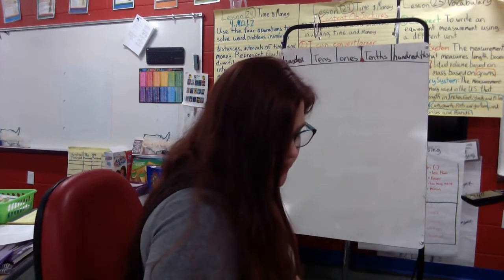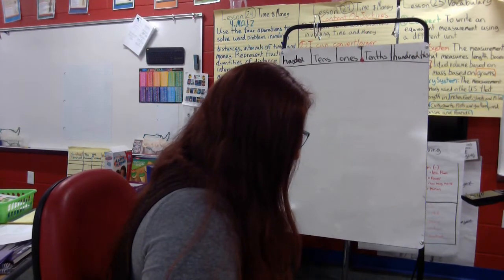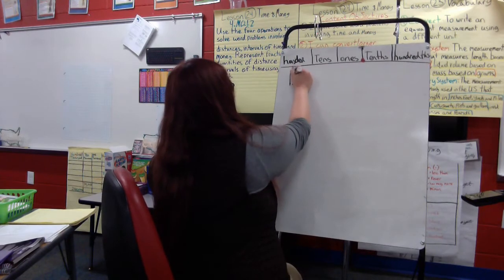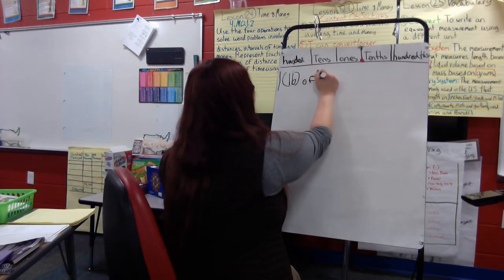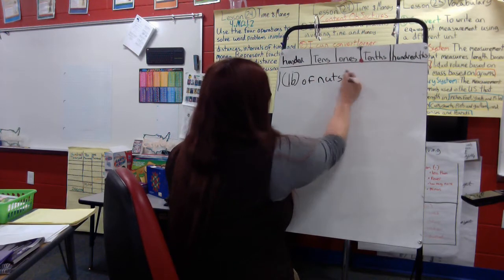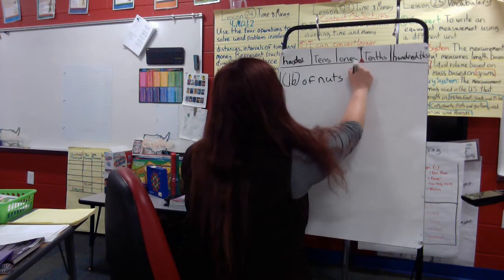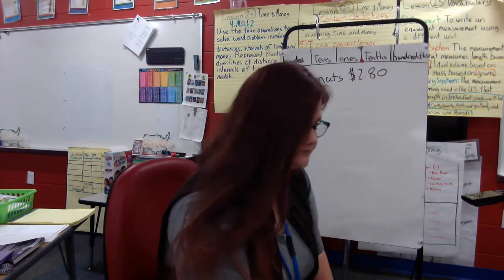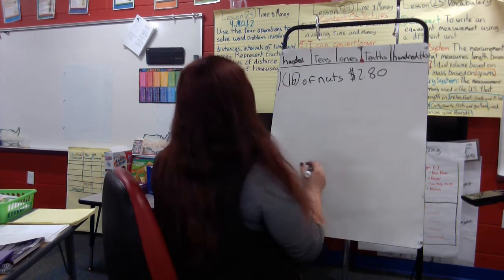Looking at the bottom of 265 on the try it, number 13, it says 1 pound of nuts costs $2.80. So 1 pound, remember our abbreviation, of nuts is going to cost us $2.80. Aaron bought 1.5 pounds.